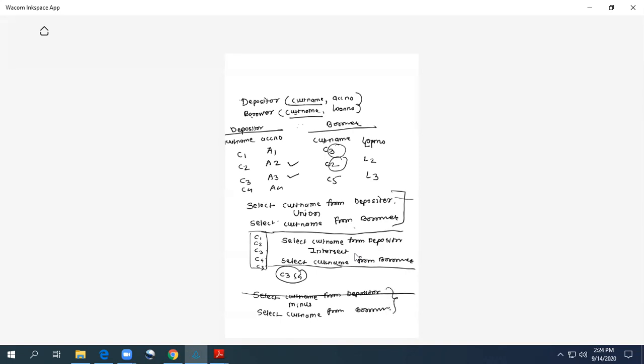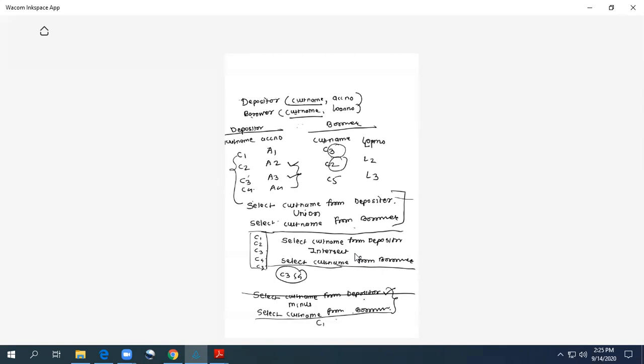So what will this query do? It will select all the customers from the depositor table, right? So which customers are there in the depositor table? C1, C2, C3, C4. But which are there in the borrower also? C2 and C3. So my query will minus C2 and C3 from the table, and the result of this query will be what?